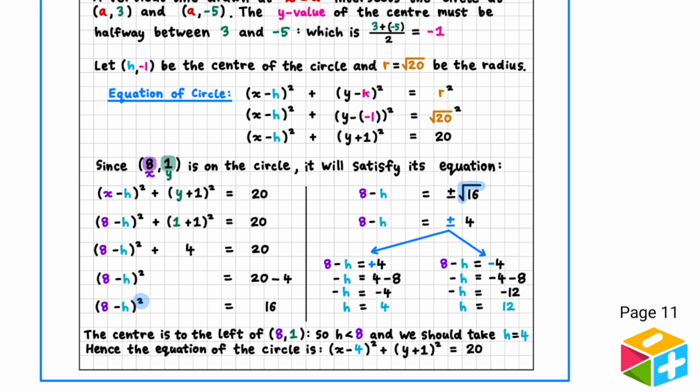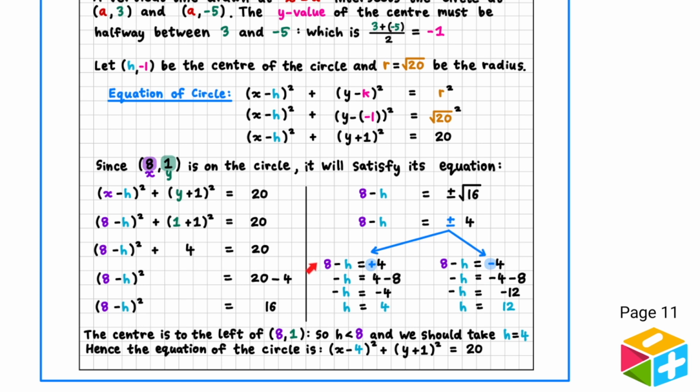This is because the positive and negative versions of a number both square to give you the same answer. The root of 16 is 4. To deal with the plus-minus sign, we should split into two cases. In the first case, we replace it with a plus, and in the second case, we replace it with a minus.